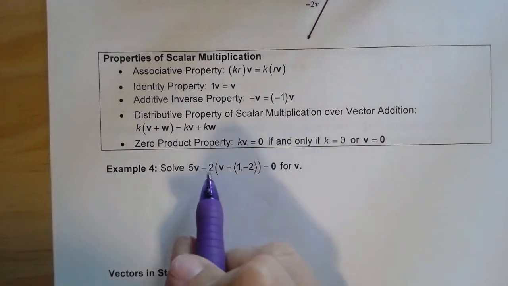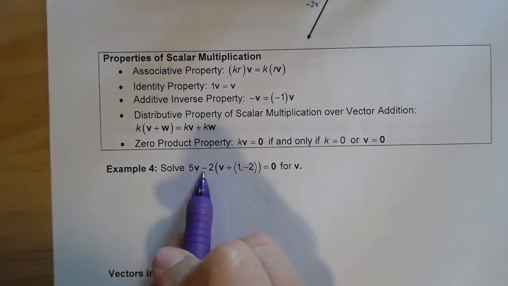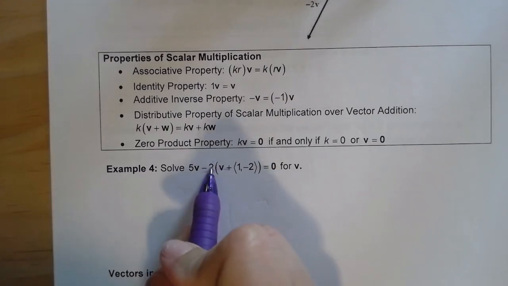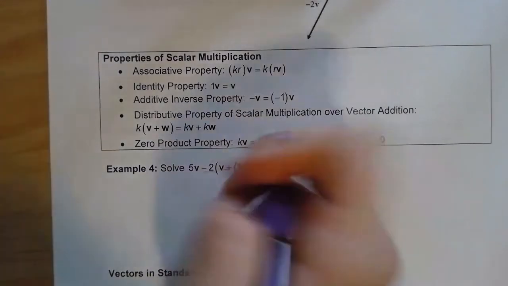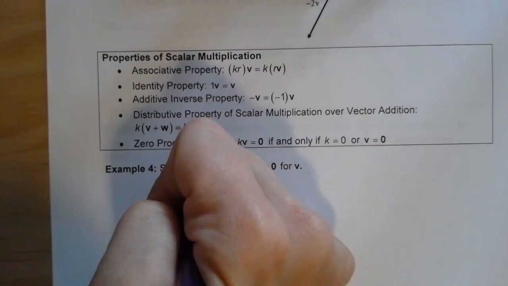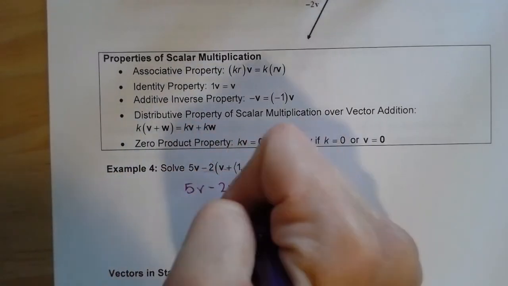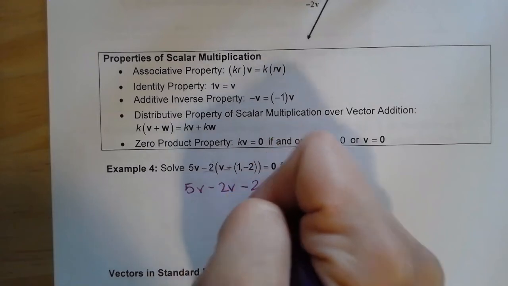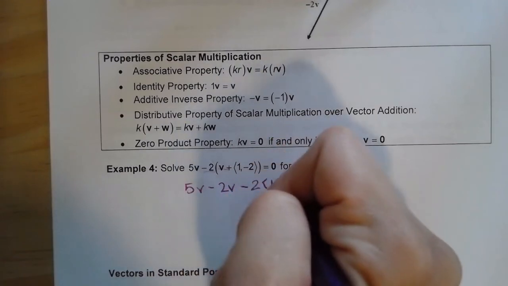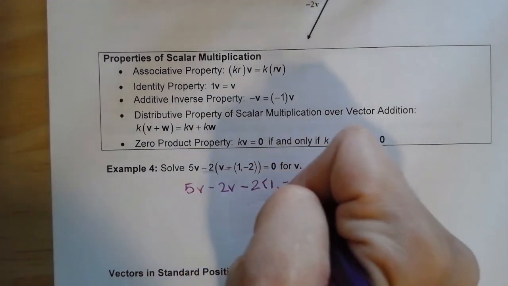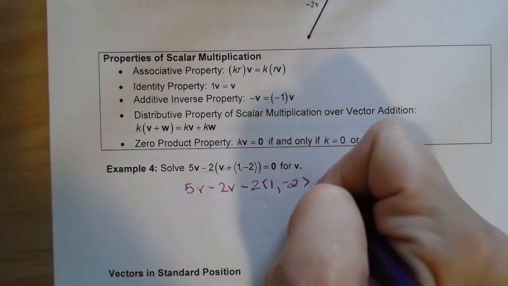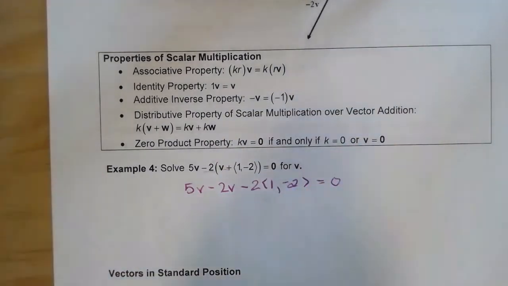So the first thing I see is that I am going to distribute this -2 to this vector and this vector. So I'm going to have 5v minus 2v minus 2 times the vector (1, -2), and all of that equals 0.